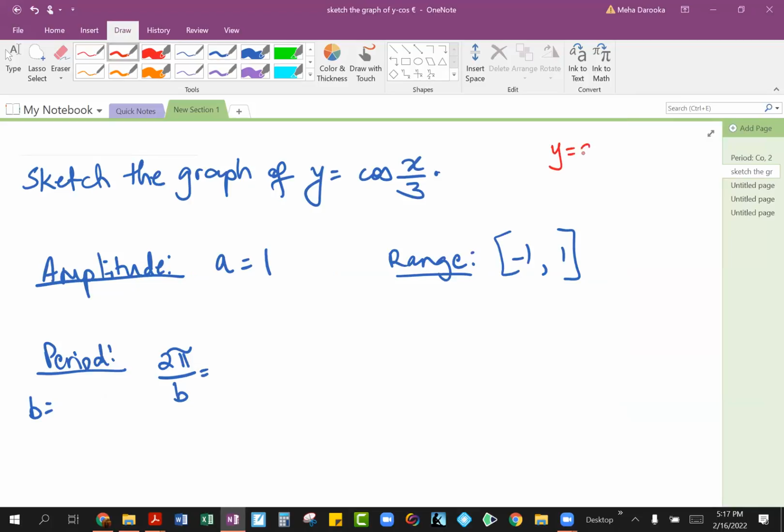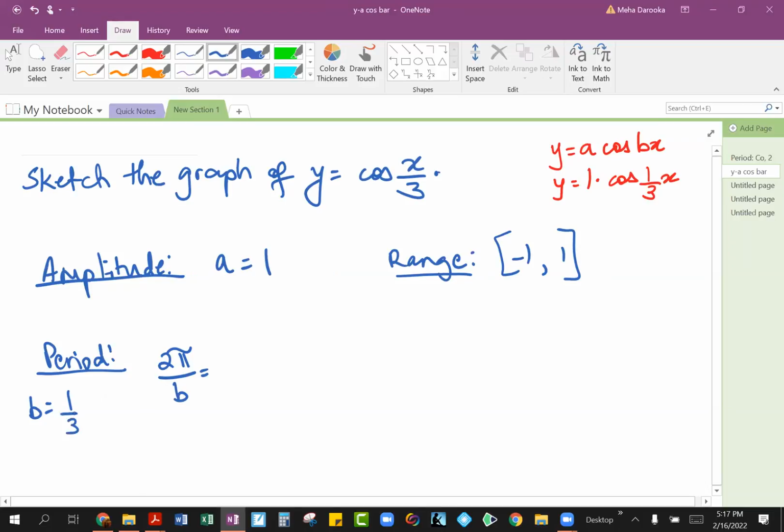So remember, the basic default is a times cosine of bx. So it's whatever number that's being multiplied into your x value. So for us, this guy is 1 for the a value. Since this is x over 3, technically that means you are multiplying x by 1/3. Darren, yeah, very nice. So 1/3 will be our b value.